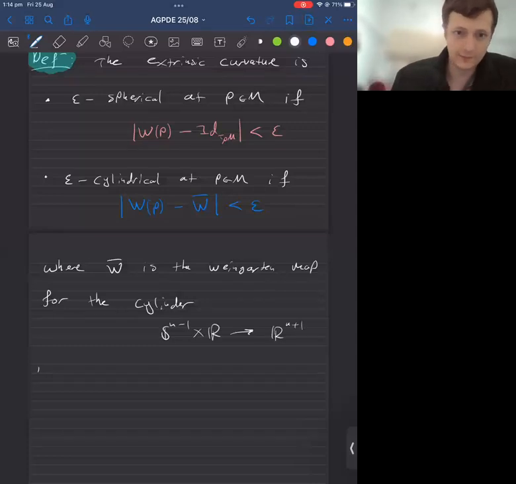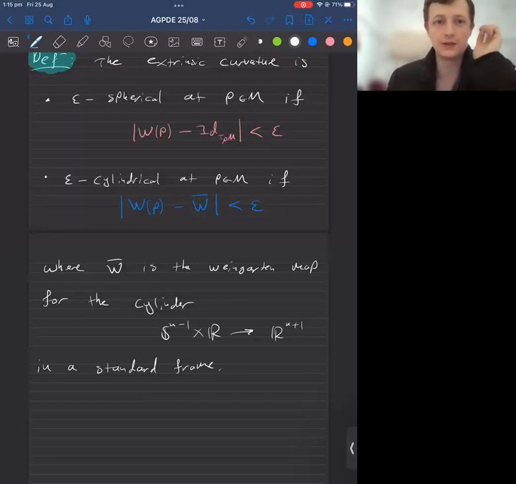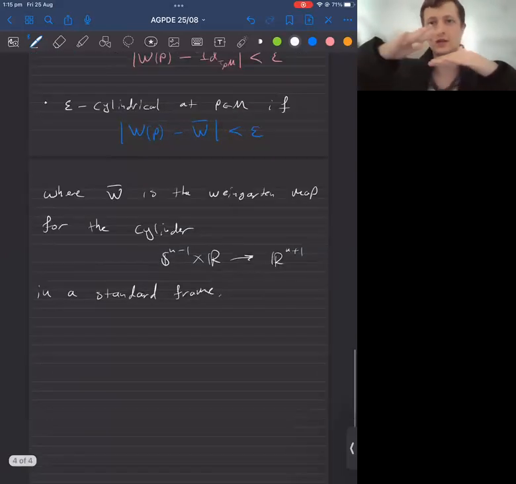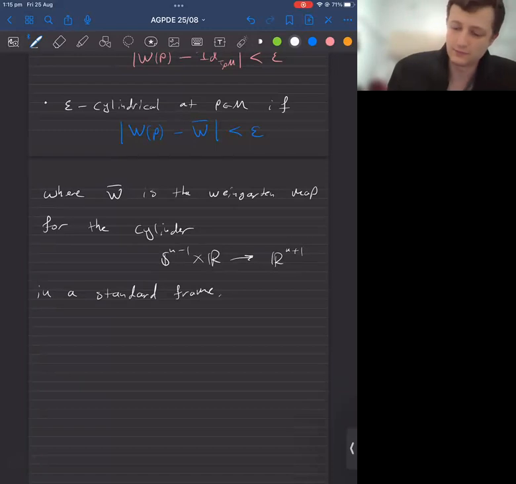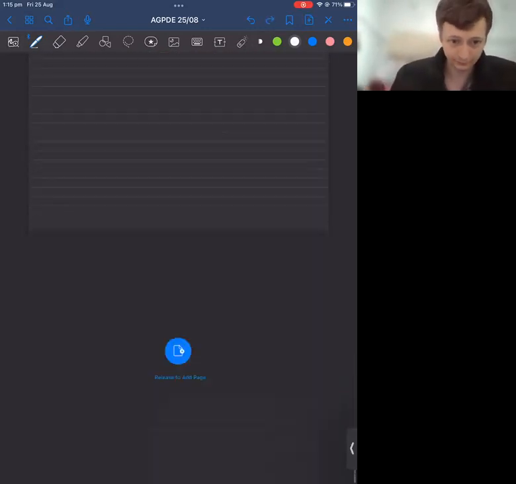In some standard frame. So let me just remark, I want the cylinder of radius 1, so I'm not worrying about scaling yet. I just want to ask if it's close to a cylinder of radius 1. Okay, and so you have to obviously line the cylinder up properly so that these match up, and if you can do that, we call it epsilon cylindrical.